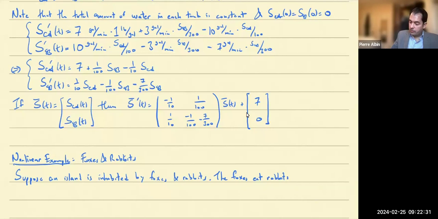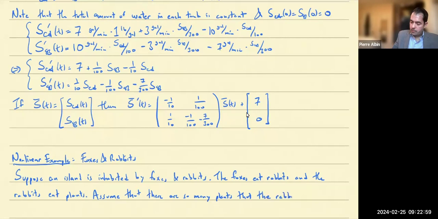The foxes eat rabbits, and the rabbits eat plants. Assume that there are so many plants that the rabbits always have plenty to eat.